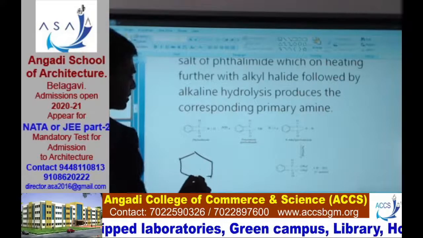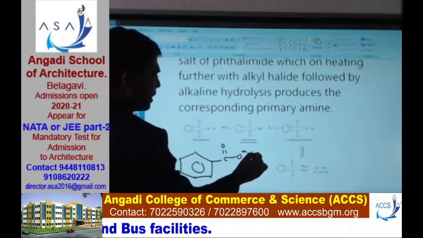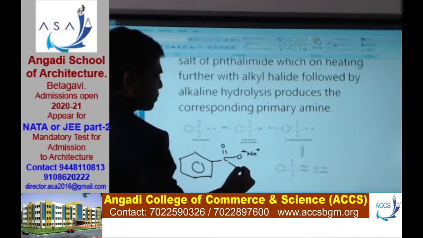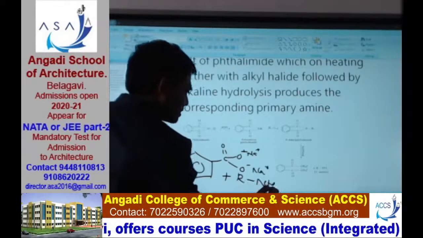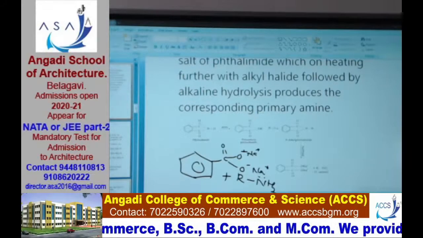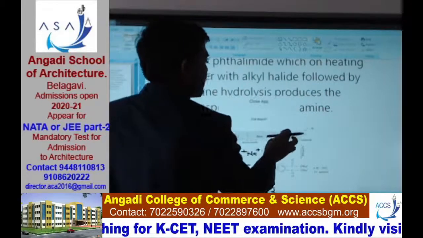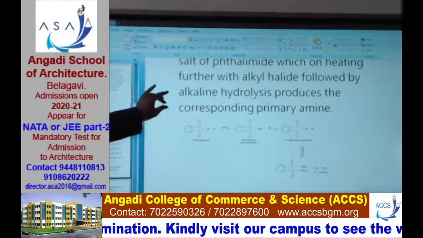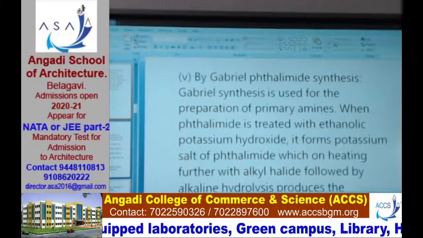It is like this: C double bond O, O minus Na plus, O minus Na plus. But whatever the product is there, it is RNH2. That is called a primary amine. Okay. So this was the preparation related to amines. And you know about the physical and chemical properties, that amines are less soluble in water.